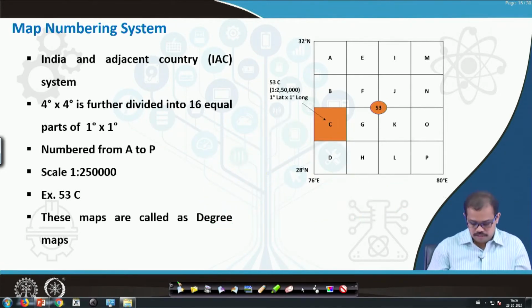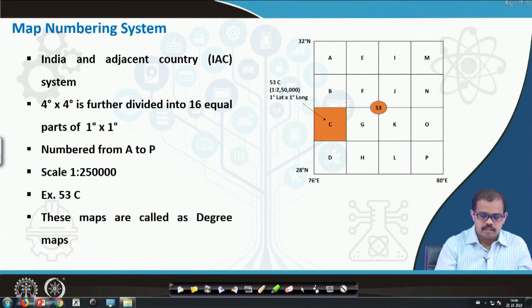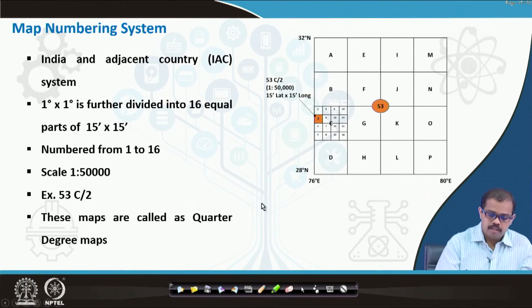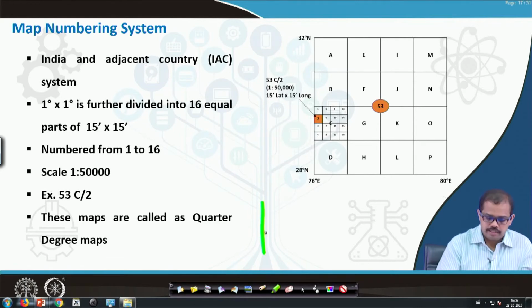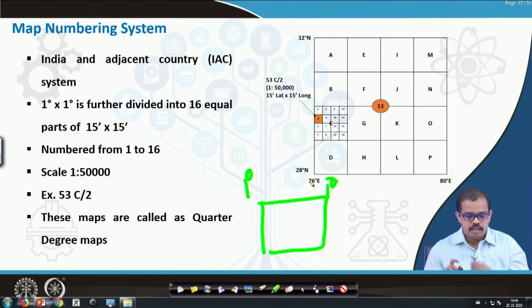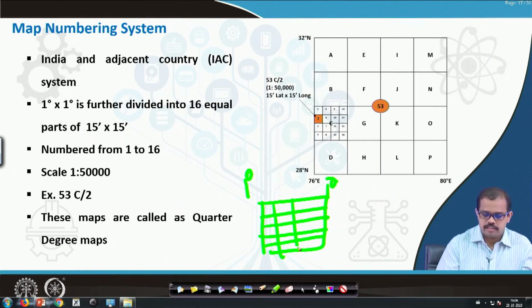Once you have understood this, now let me take the same 1:250,000 map. Now let us say this is a 1 degree by 1 degree map, that is for the 1:250,000 map. Okay. Now let us divide this into 16 equal boxes, something like this.